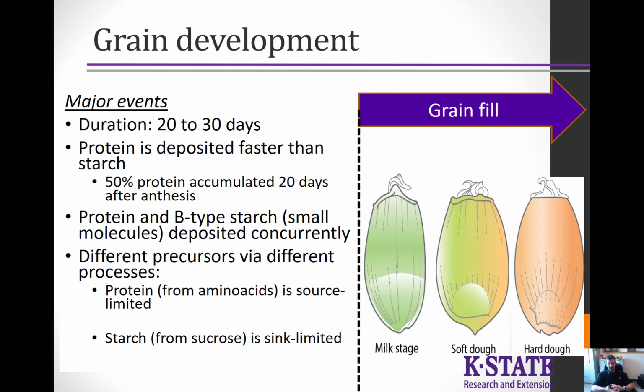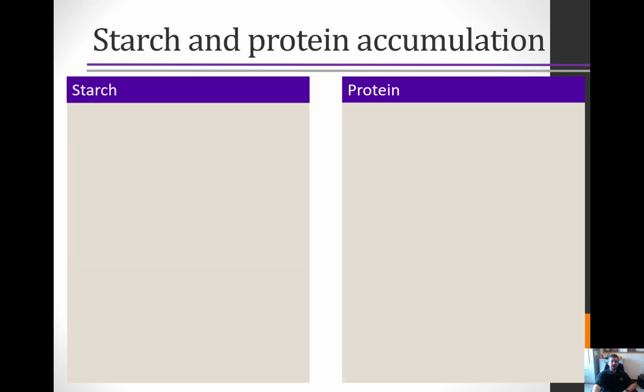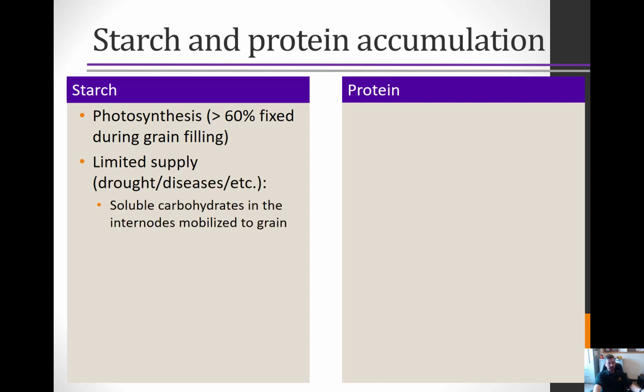It's not the plant's access to the starch, it's the plant's ability to put the starch into the berry. Now this is important because of this. So in the starch, 60% of the starch is fixed during grain fill via photosynthesis. The limited supply is going to be because of drought and disease. Soluble carbohydrates in the inner nodes mobilize to the grain.